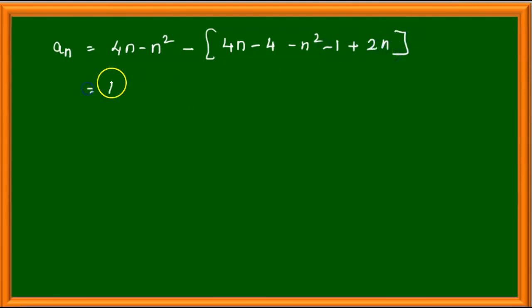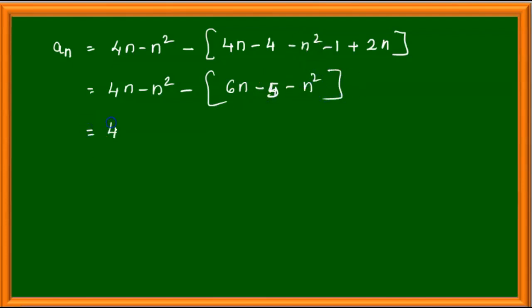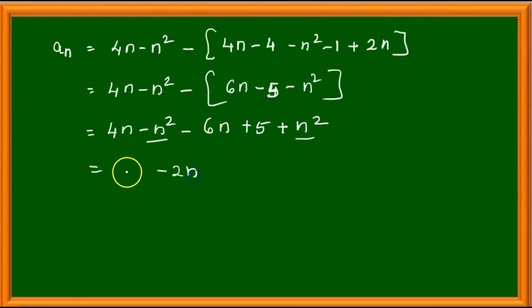Simplifying, we get 4n minus n square minus 4n plus 2n, which becomes 6n, minus 4 minus 1 becomes minus 5, and minus n square. Opening this bracket, we get 4n minus n square minus 6n plus 5 plus n square. So n square and n square get subtracted to 0. Then 4n minus 6n becomes minus 2n, and plus 5 is there. This is the answer, the nth term. Is it clear?